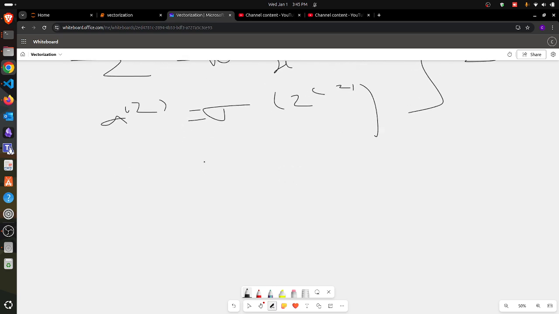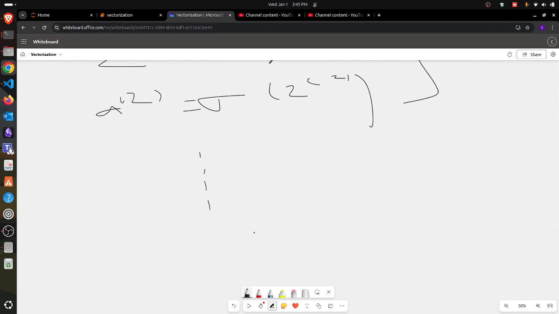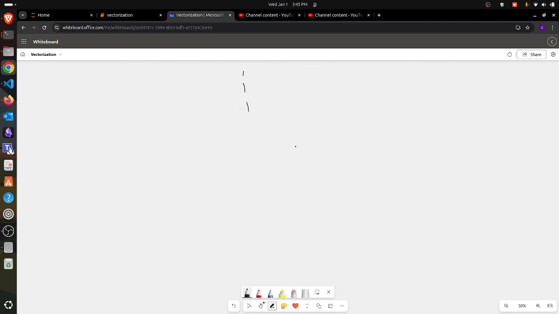Now we will be having m examples like this, and we will be having the prediction of the mth example like this, and you guys can get that. So predictions without for loops over m training examples are really important.